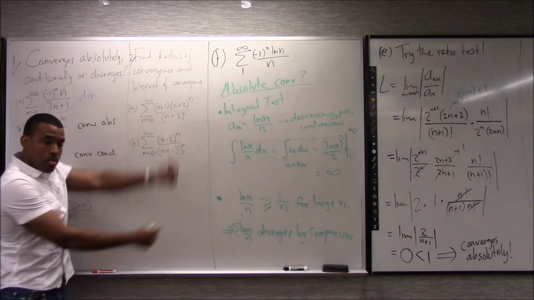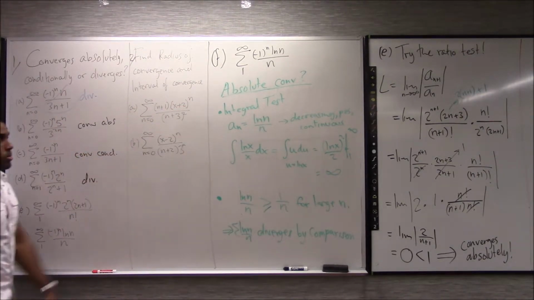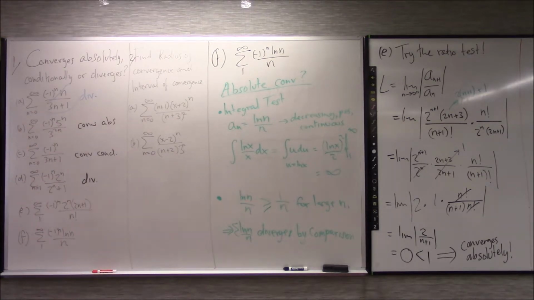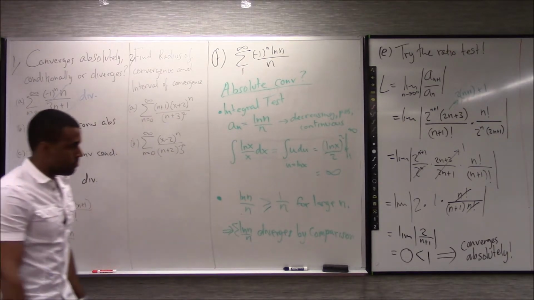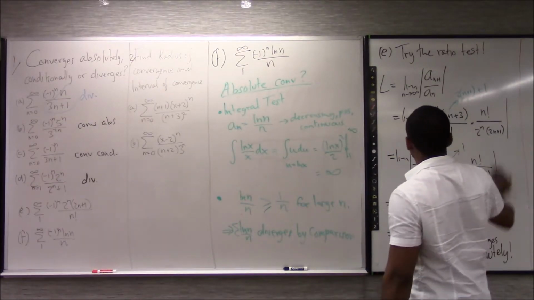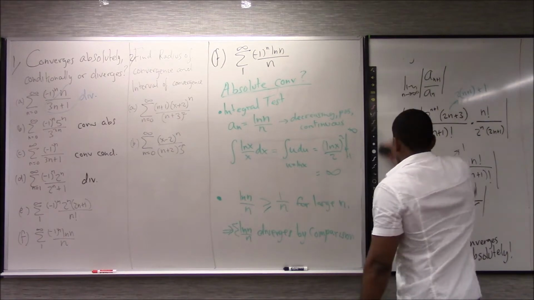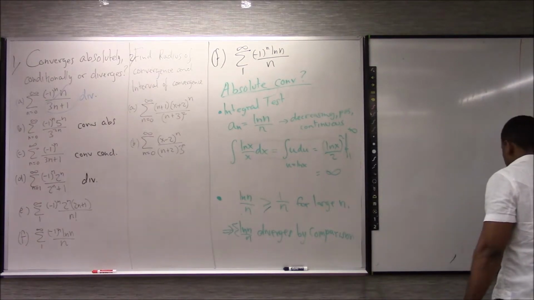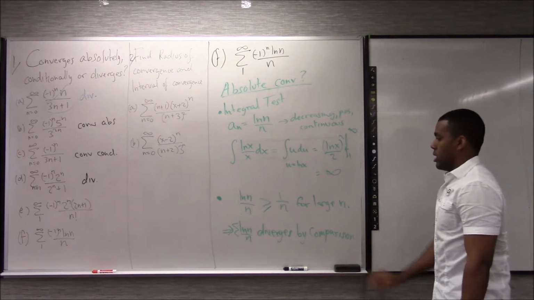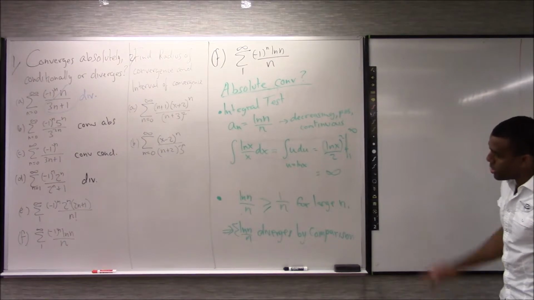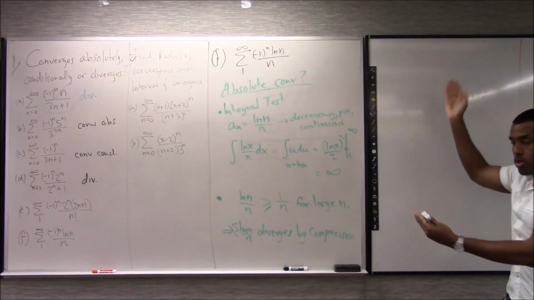So both options are valid here. It's not always that both of these could work, but in this case you could do them. And here you can just say for a large n, because ln n is not always bigger than 1, but of course there comes a point where it's always bigger than 1.